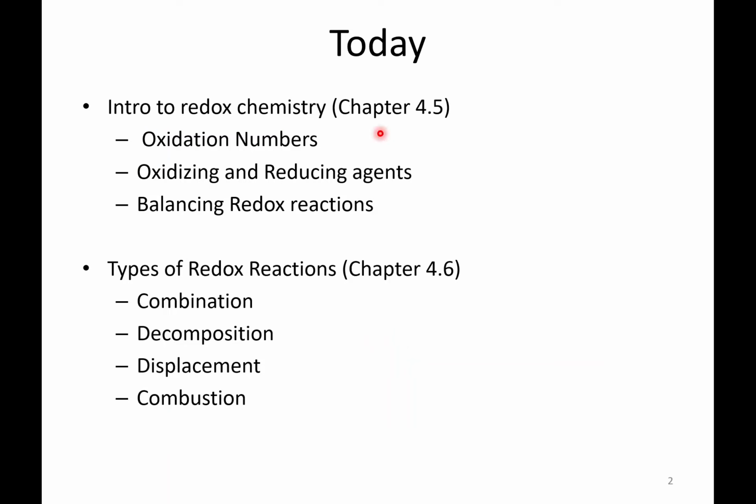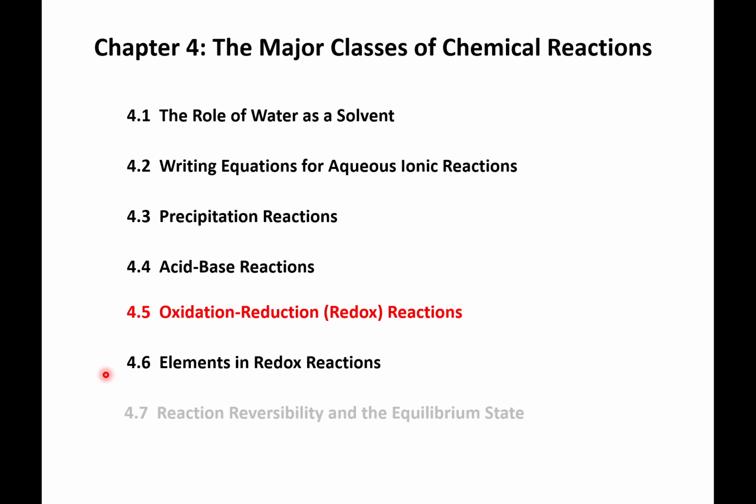So this material comes from section 5 and section 6. Most of the material we'll talk about will be from section 5, and then section 6 is sort of a small section, and it covers the types of redox reactions, and there's 4 that we'll cover.